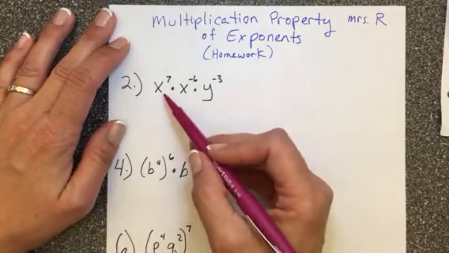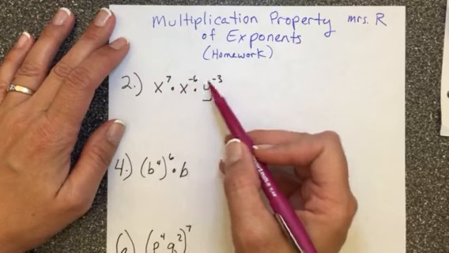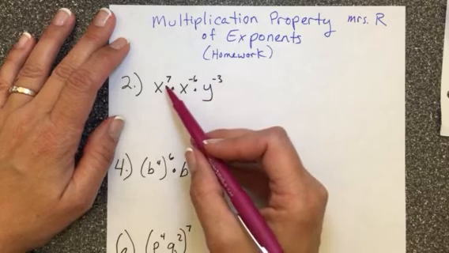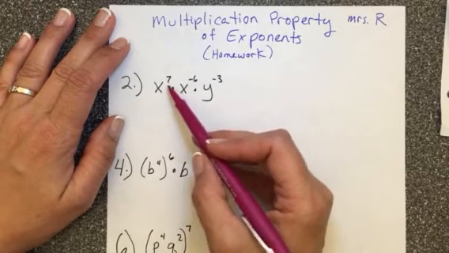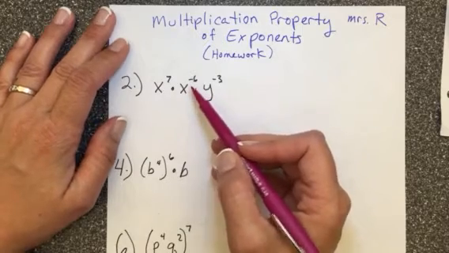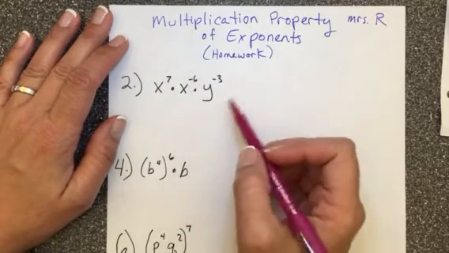Problem number 2 is x to the 7 times x to the negative 6 times y to the negative 3. So I know when I multiply like terms and I have exponents, I just add the exponents to get my answer, right? I don't have to write them all out.